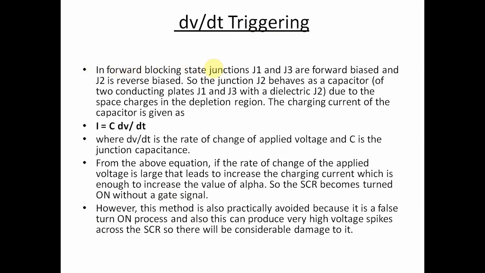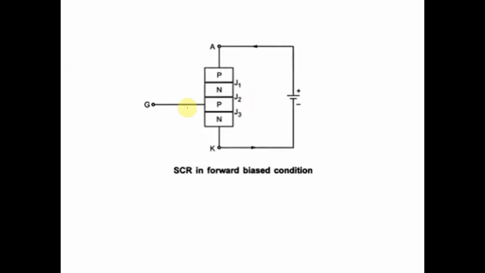In the forward blocking state, junctions J1 and J3 are forward biased and J2 is reverse biased. During the forward bias condition, the positive terminal of the battery is connected to the anode and the negative terminal to the cathode. Due to this, J1 is forward biased, J3 is also forward biased, and J2 is the reverse biased junction.